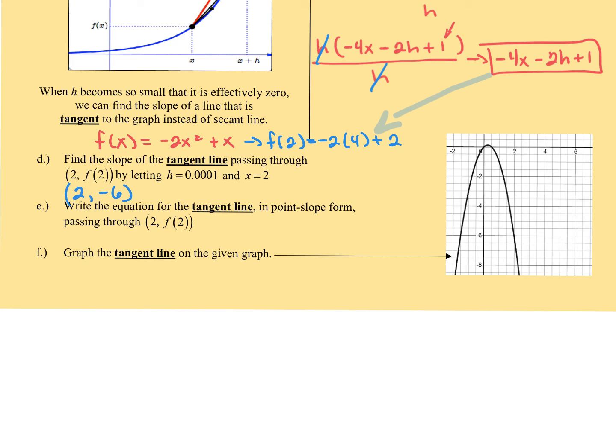Then we're going to let our h value be something really, really tiny. Because that is 0.0001, it's so small, this is effectively 0, which means we get to pretend it's 0. So when we take our values and substitute into this expression here, we are now going to have a -4, and the x value is supposed to be a 2.